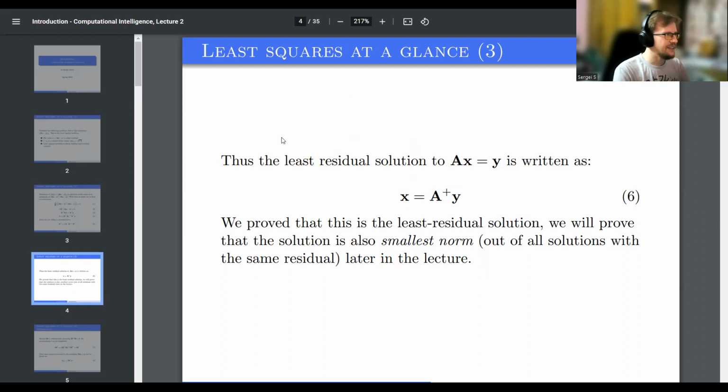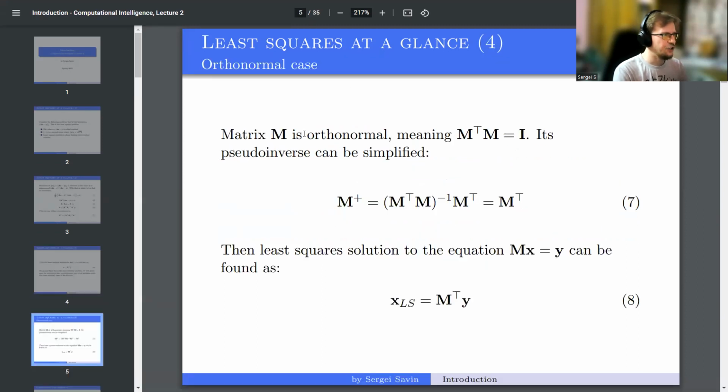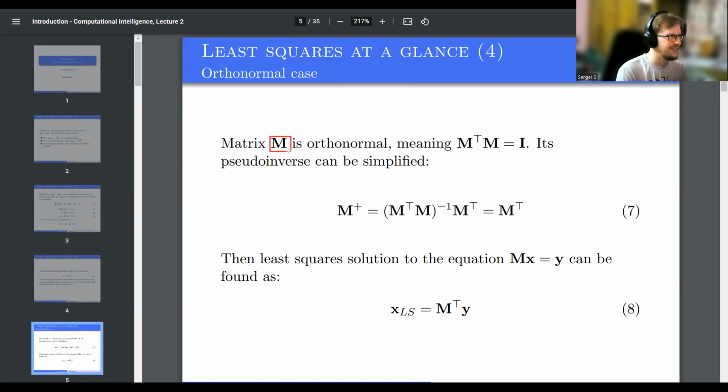Now, before we even move on, let us just look at what happens if M is orthonormal. Do you remember what orthonormal means? Or examples of orthonormal matrices that you encountered before?